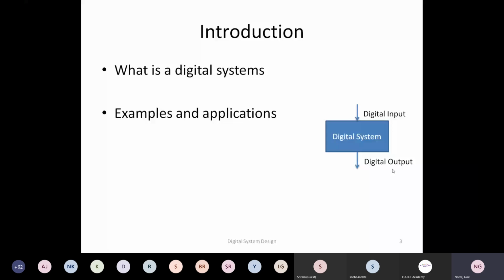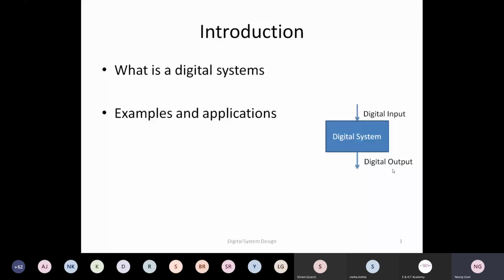When you say power brake, power window, anything automatic in your car would have some automation component, or essentially some digital system associated with it. In communication, whenever we pass a message through a mobile phone, your modem comes in, your communication channel comes in, and most of these things are now digital systems.